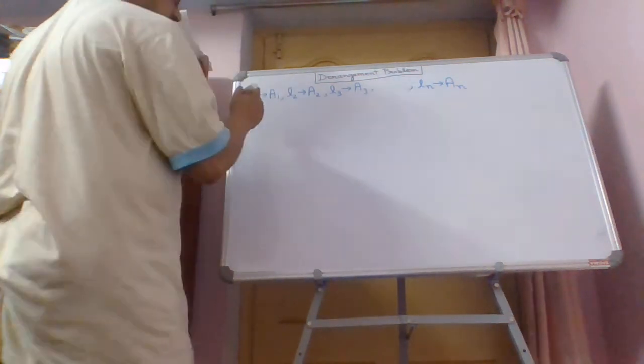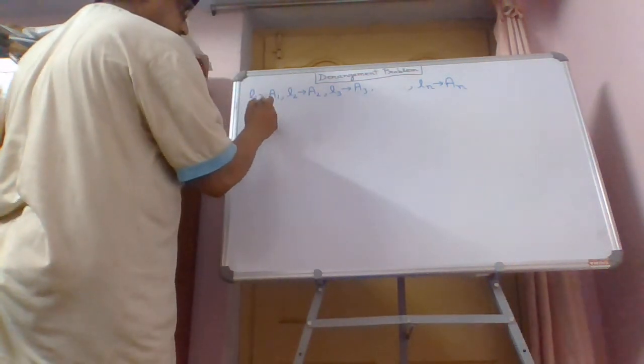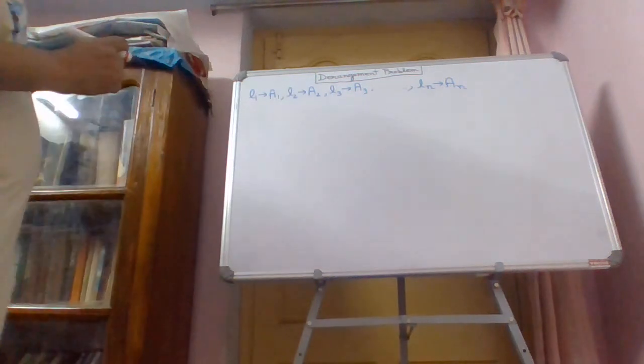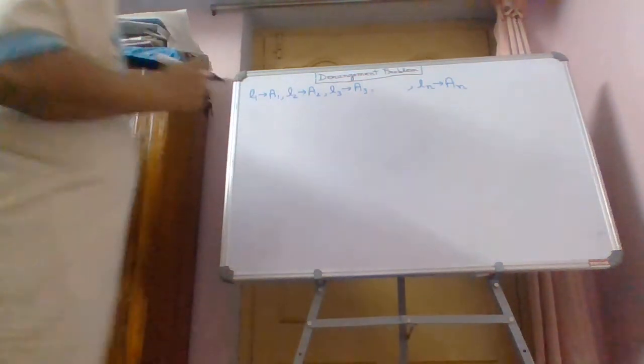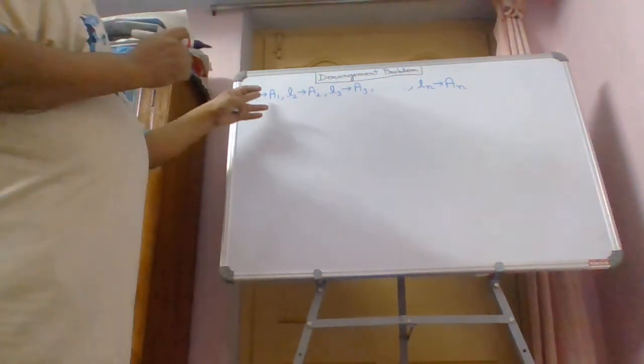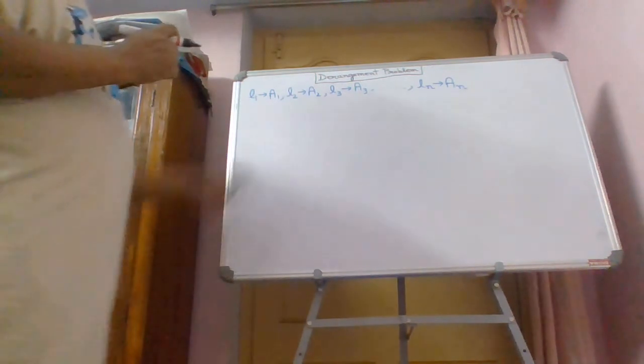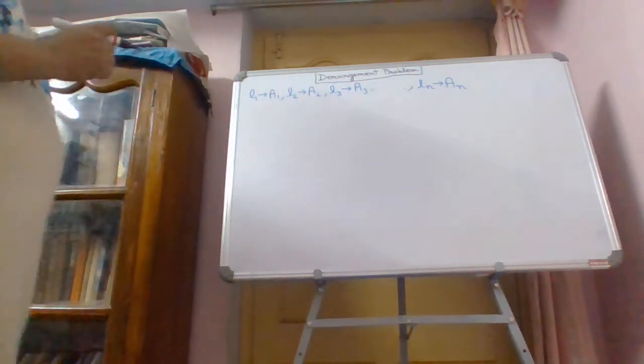So we proceed as follows. Since it is a derangement, we must have a total mismatch. In other words, no letter should reach the correct destination.